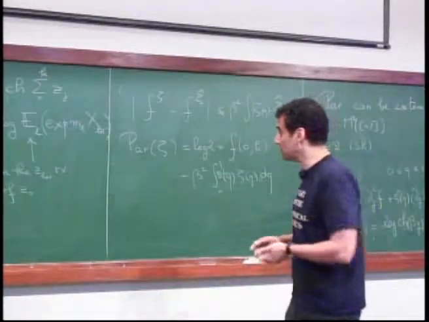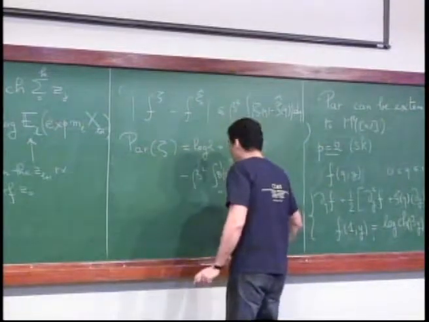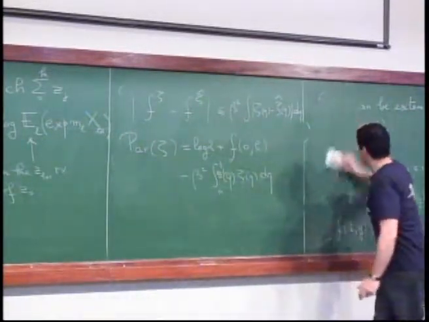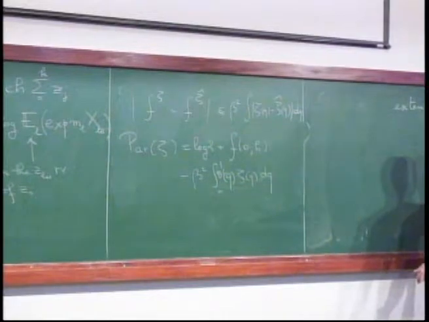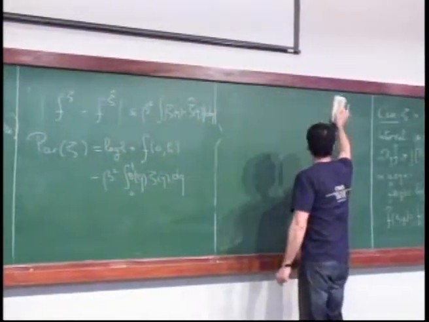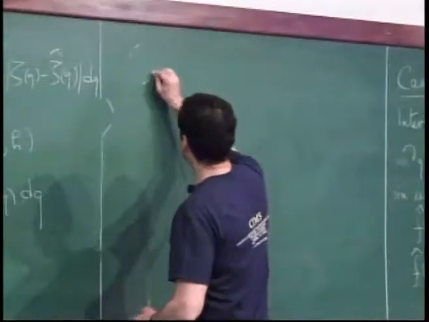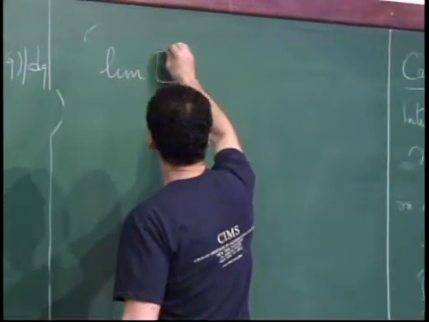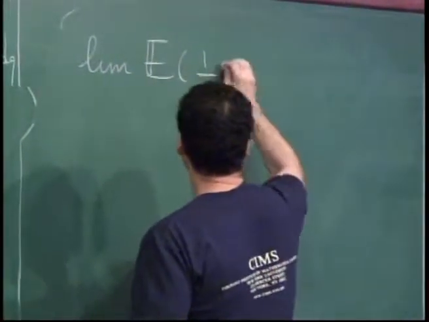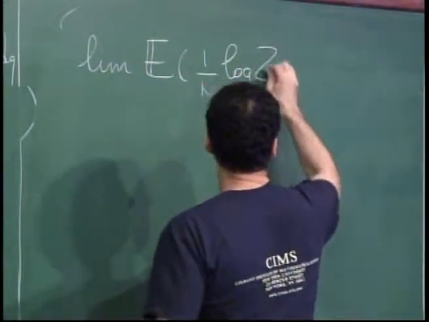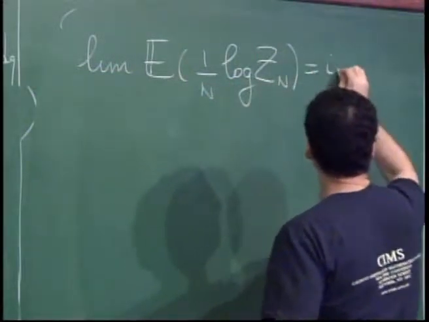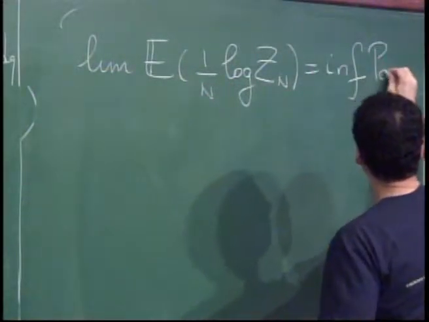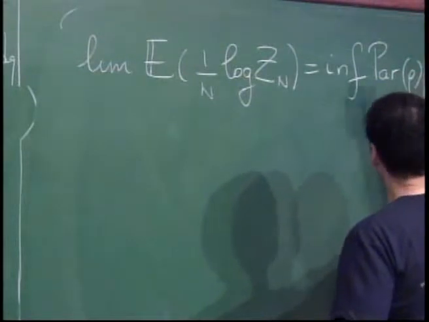So let's forget the algebra of this, but let's look again at what the Parisi formula says. The Parisi formula says that the limit of the free energy, or at least its expectation, is this infimum of this Parisi functional over all rho or zetas, whatever.